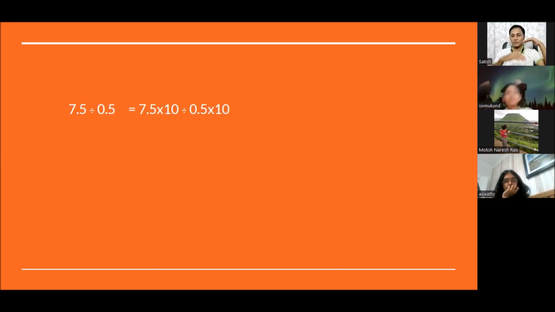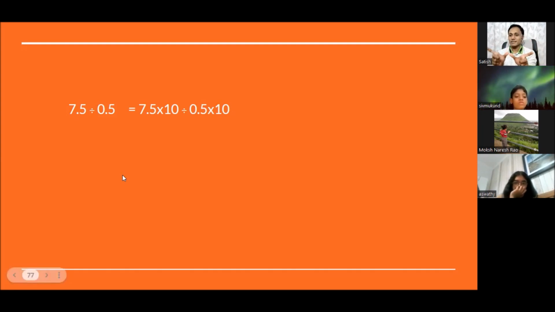7.5 divided by 0.5. We have learned in fractions that we can multiply the numerator and denominator with the same number, and the value doesn't change. Is it not? So what we did in multiplication, we considered both as normal numbers, integers. Although it was decimal multiplication, we did integer multiplication.